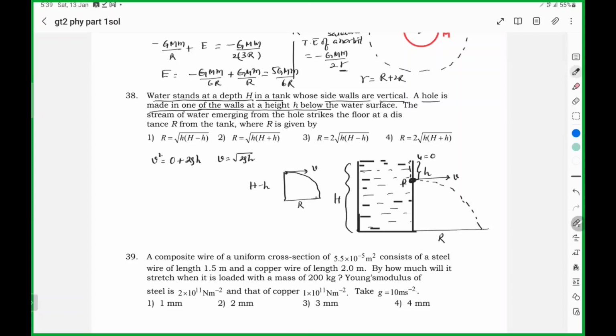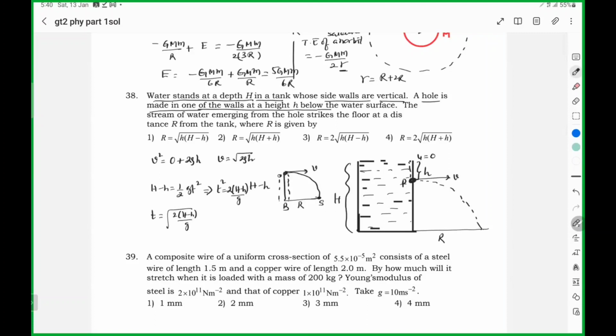The time taken for a freely falling body to reach the bottom point is the same as the time taken by a horizontally projected body to reach S. So H minus h is the distance covered by a freely falling body, so t square is 2 times (H minus h) by g.